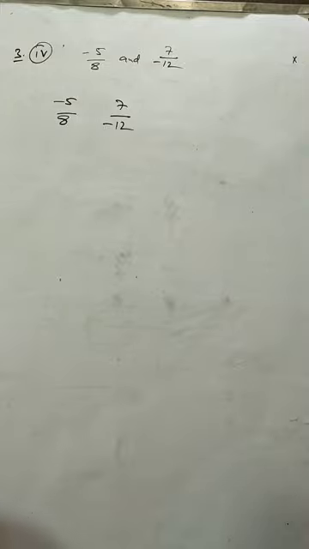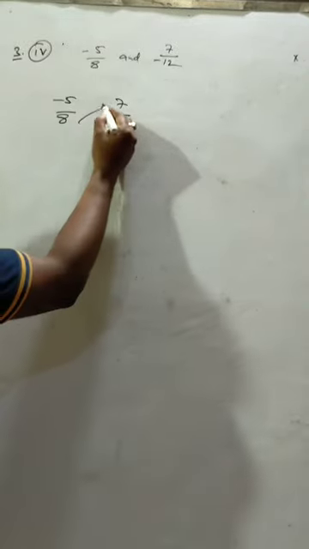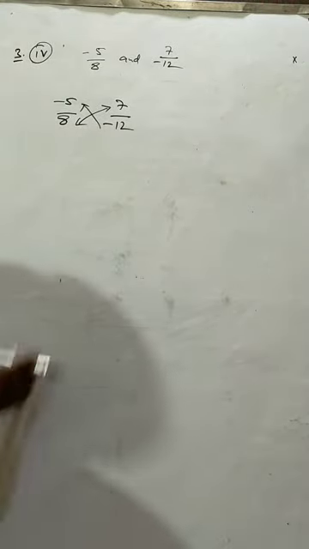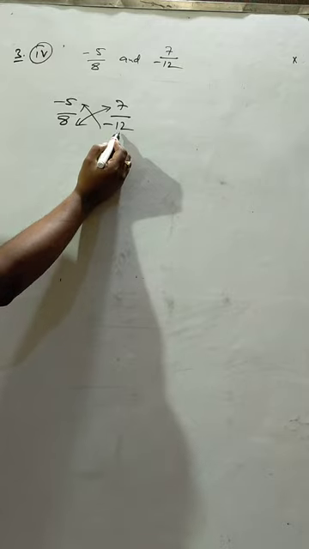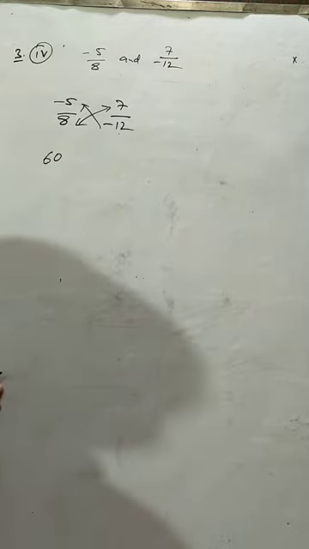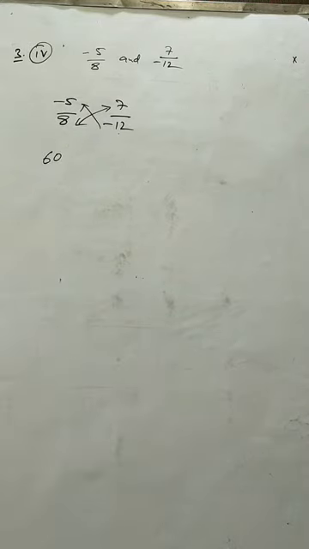We will cross multiply it. Minus 12 into minus 5 is 60.